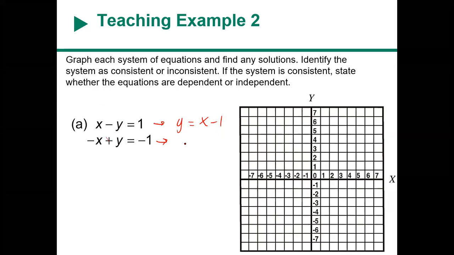And this one is going to become y equals x minus 1. So what does that tell me about the two? Before I even graph, I know that they're going to be the same, right? So they're going to be dependent. So it's consistent and dependent.